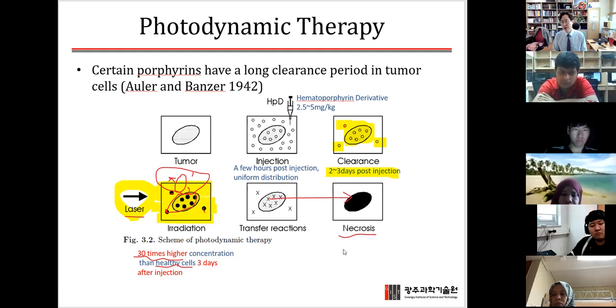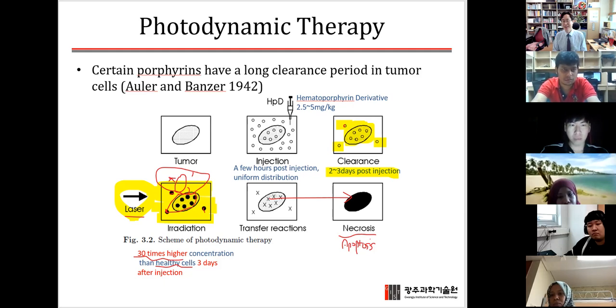So I guess no one probably knows, but is there anyone who has an idea about what's the difference between apoptosis and necrosis? Jehu, you have been doing PDT, so I'm hoping you are a little familiar.